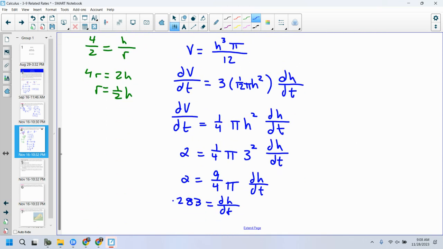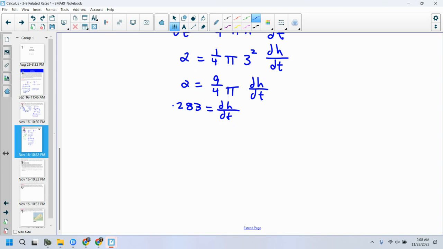Height is a linear length, so it's just meters. 0.283 meters per minute. That's how fast the water level is rising when the height of the cone is 3 meters. When the water level is 3 meters deep.